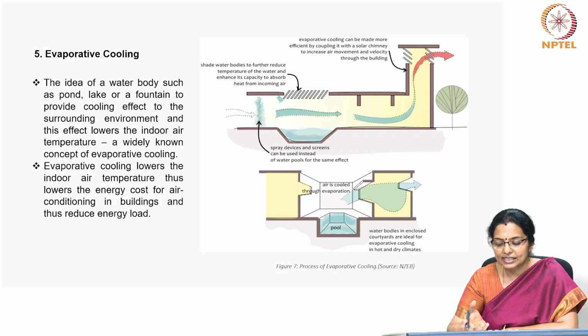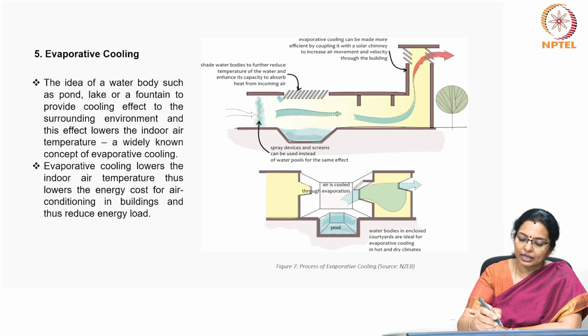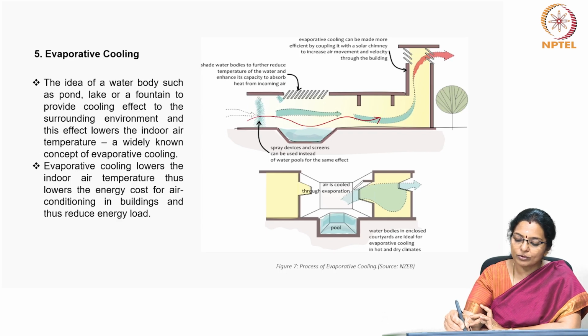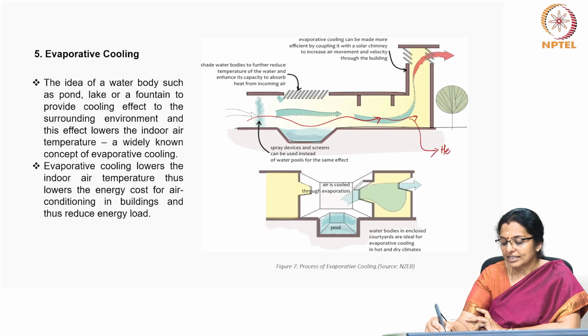For now, you can see how air, when it moves through the water body, gets laden with humidity, and air which is humid is heavy. It's heavy air. What does it do?